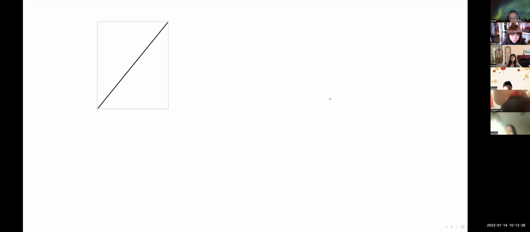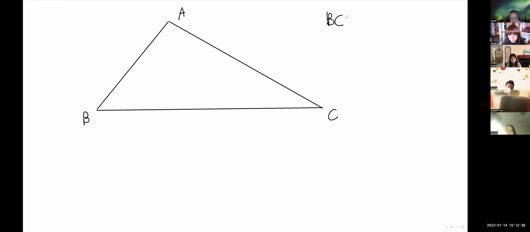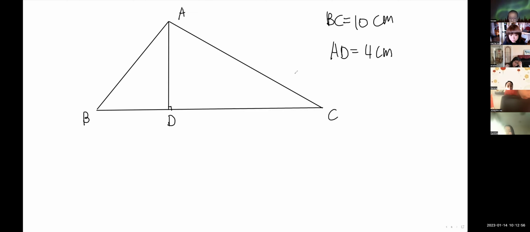So now I'm going to give you a question, okay, everybody? There is a bigger triangle, named A, B, and C. BC equals 10 centimeters, and there's a height here. The height AD equals 4 centimeters.